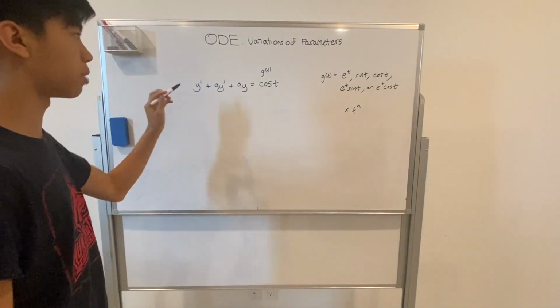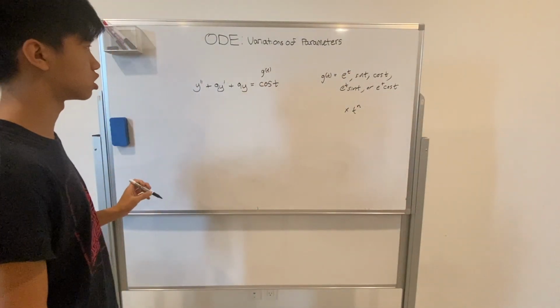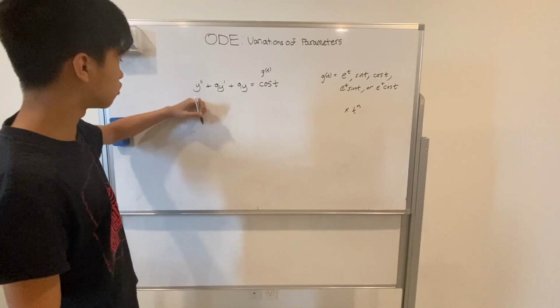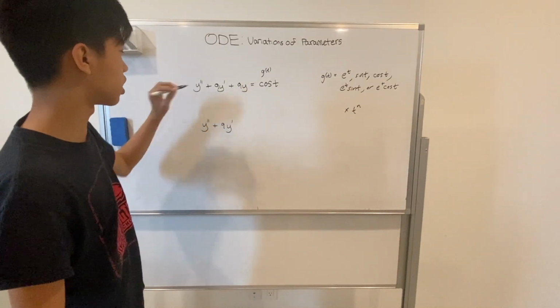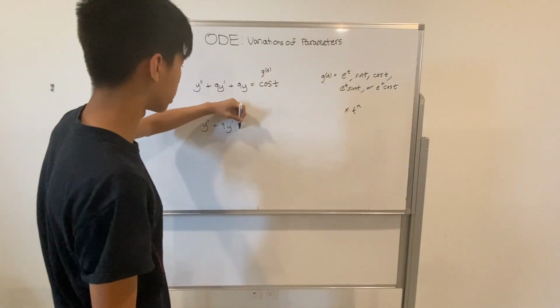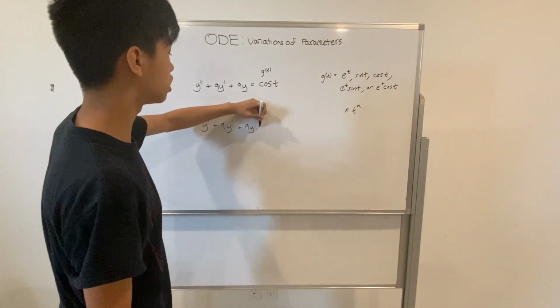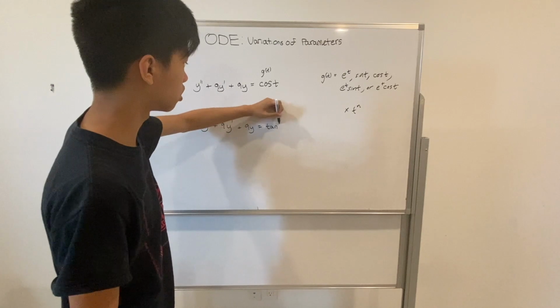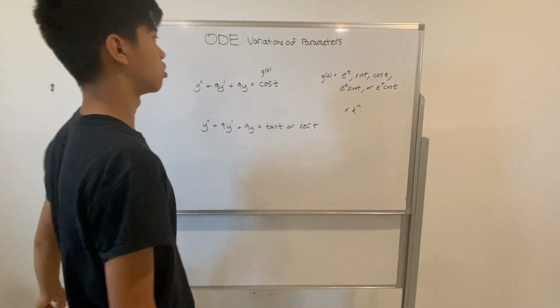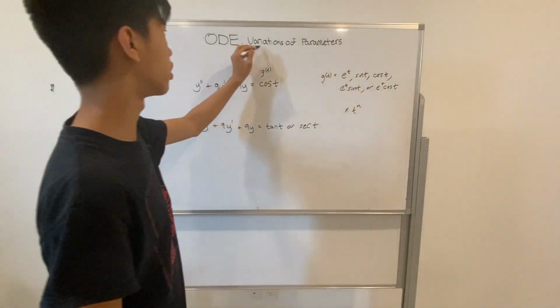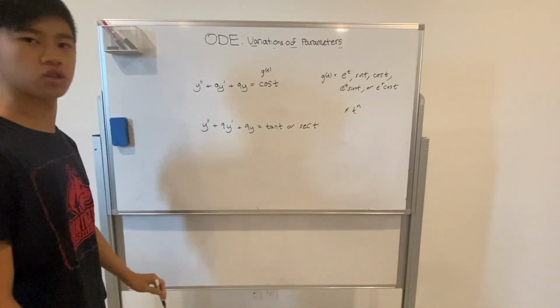Otherwise, it is incompatible with undetermined coefficients. So, if you want to solve a differential equation like y double prime plus 9y prime plus 9y equals tangent of t, or secant of t, you have to use variation of parameters.